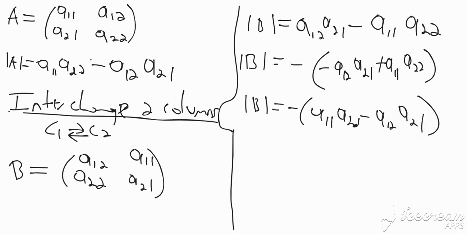And of course, the bracket here actually represents the determinant of A. So the determinant of B is equal to the negative determinant of A. So if we interchange two rows or we interchange two columns, the determinant becomes the negative of the original determinant. In other words, the determinant of B when we interchange two rows or two columns is equal to the negative determinant of A.